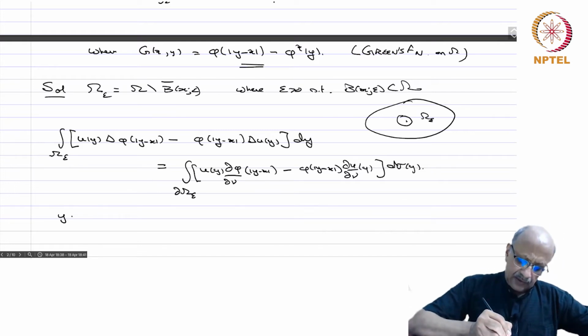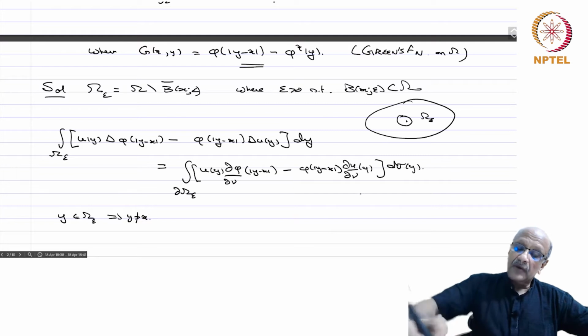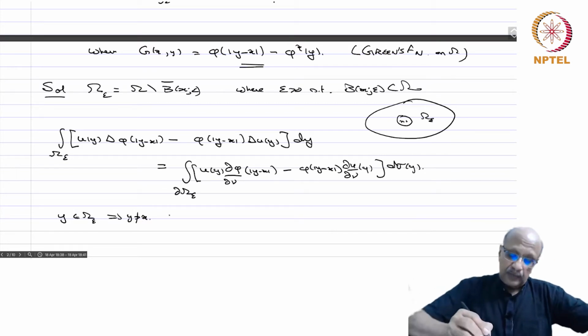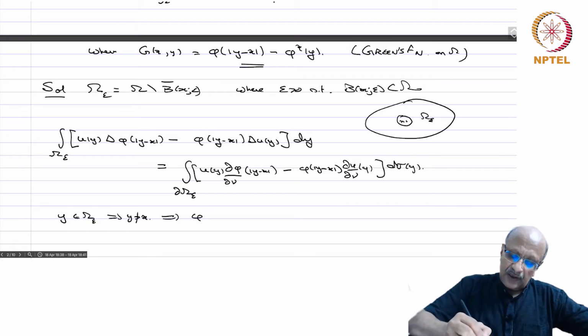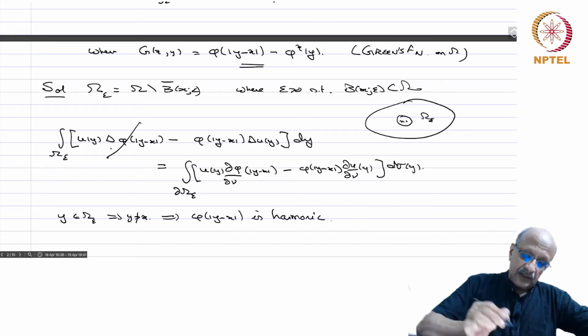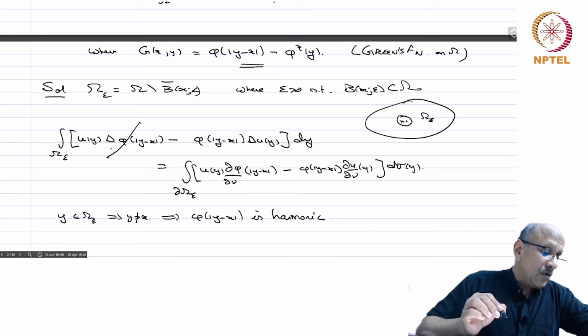Now, y is in omega epsilon, that means y is not equal to x, because x is the center of this ball which we have excluded from omega epsilon, and this implies phi of mod y minus x is harmonic. Therefore, this integral will go to 0.